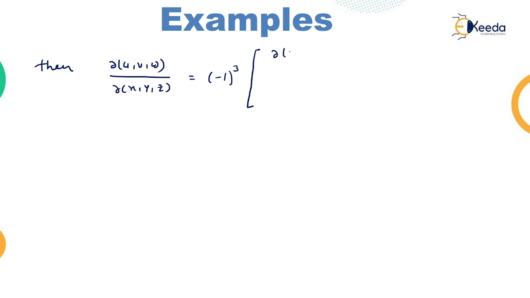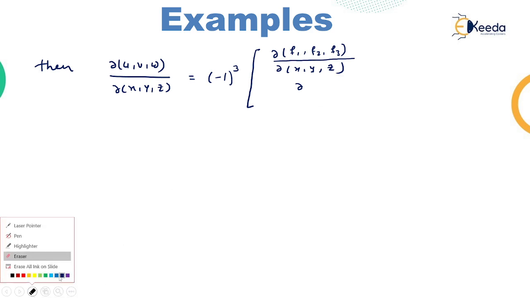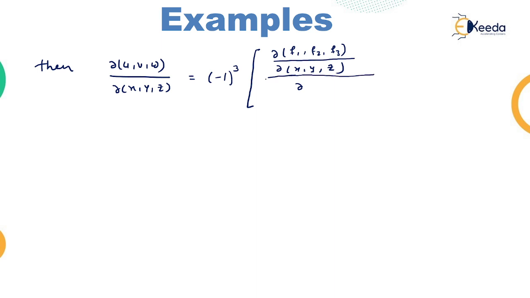That is numerator upon denominator here, guys. This is the Jacobian for 3 variables.